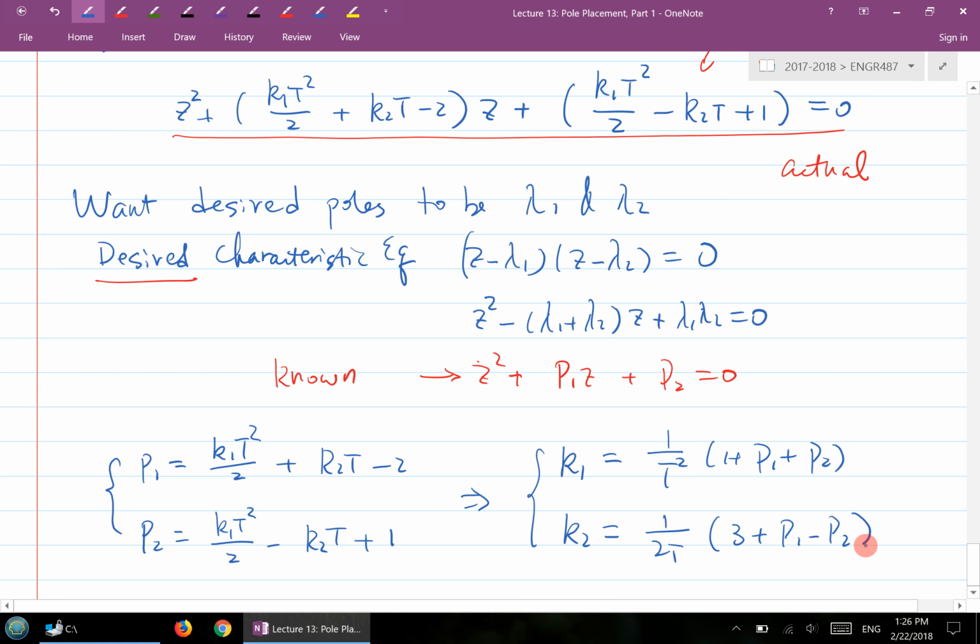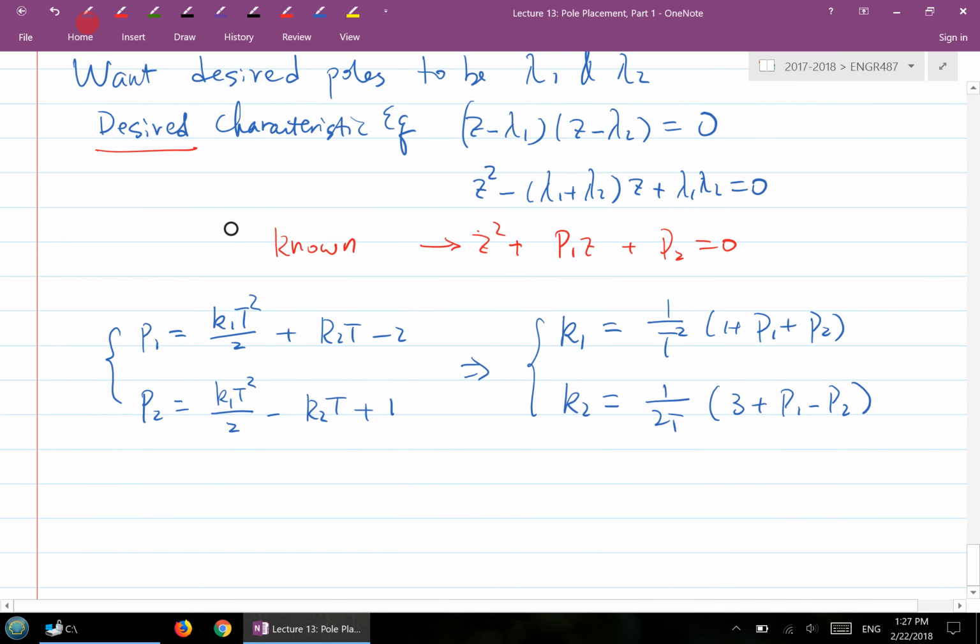So you can imagine, of course, if this is a second order, we can do this. This is not too bad, right? If you have a third order, fourth order, I think the manual process probably will be too much, right? So that's what we're going to have next, a more general solution for the pole placement. But this is a very good illustration for the second order system.